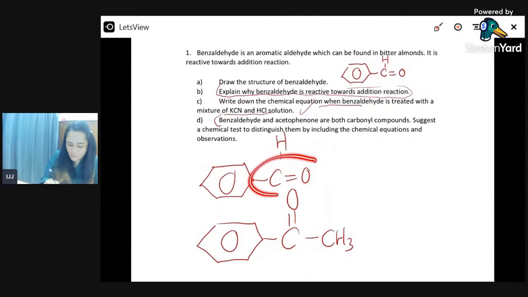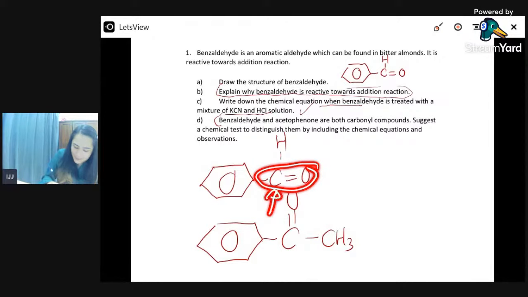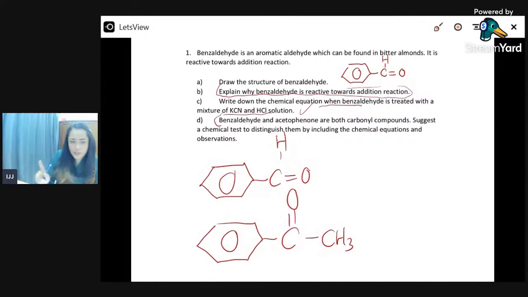But the difference between aldehyde and ketone is in aldehyde, the carbonyl carbon ada satu hydrogen, has one hydrogen. While in ketone, acetophenone, the carbonyl carbon does not have any hydrogen.